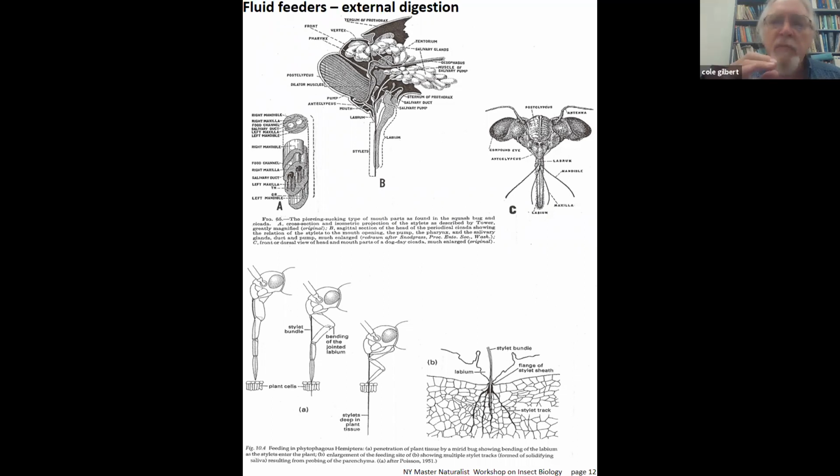And the one in the back is a salivary canal, and they can inject salivary enzymes either into the plant that they're feeding in, like this picture down here in the lower right, or into an animal. I'm studying in my research lab an assassin bug, and you can guess by the name that it doesn't play nice with other creatures, and it injects its spit.